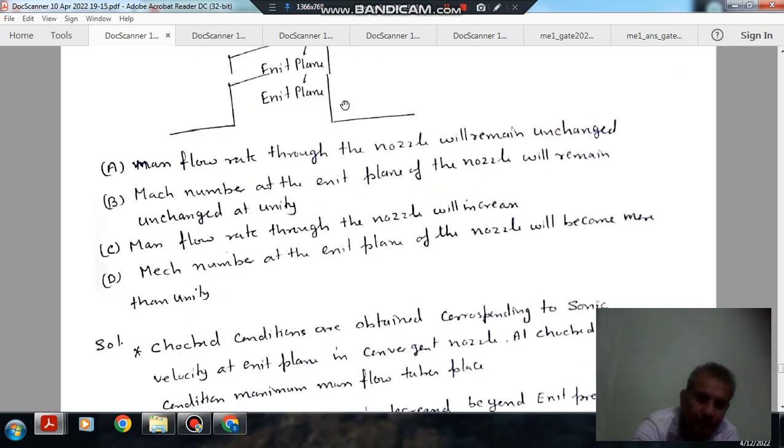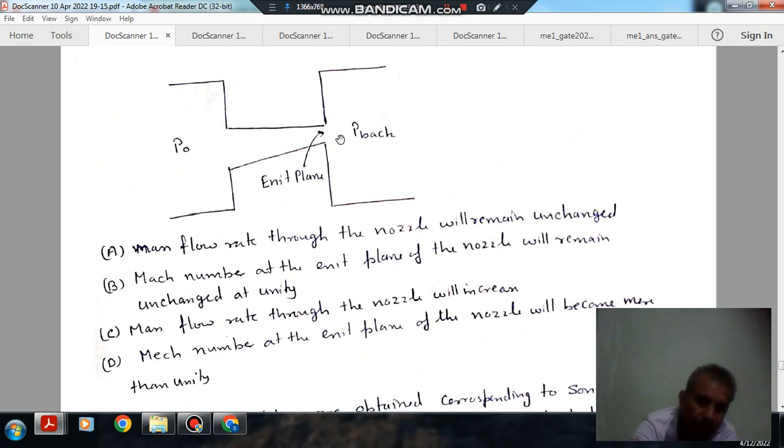So the exit pressure will remain the same, corresponding to the maximum flow condition, when the back pressure is changed.